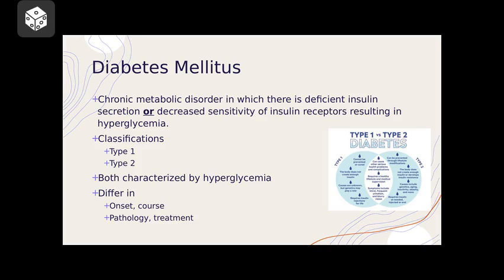We have two different classification types, type 1 diabetes and type 2 diabetes. Both of them are going to be characterized by high blood sugars, but they're going to differ in how they start and kind of how they're treated and kind of what the cause of the high blood sugar is.